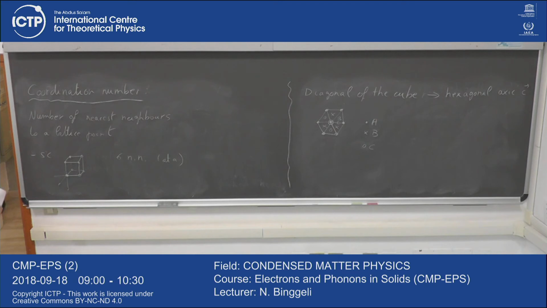And just to continue, how many second nearest neighbors would each point have? 12. The second nearest neighbors are along the face diagonal of the cube.